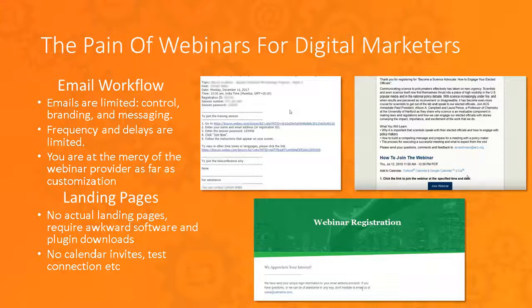But then maybe I'm using Webinar Jam, and I'm setting up my event in that, putting all my details on that, and then it's using their email software to send out reminders and confirmation and everything. Oftentimes in the other webinar platforms, it's very limited. Not a whole lot of control, even over frequency or delays, or how often registrants are receiving those emails.